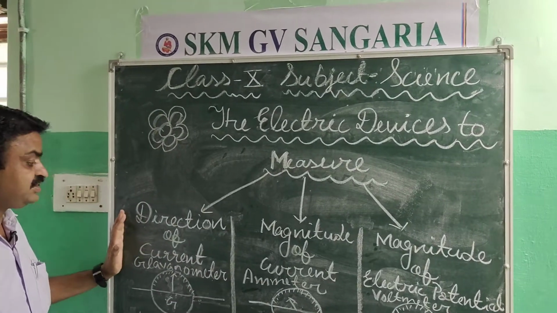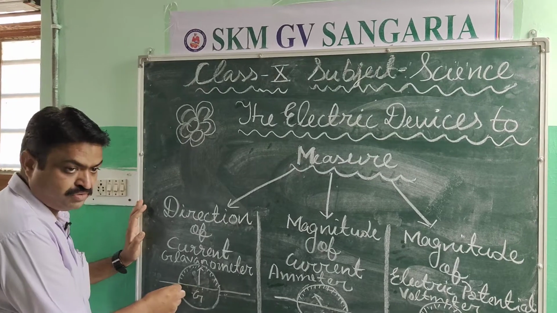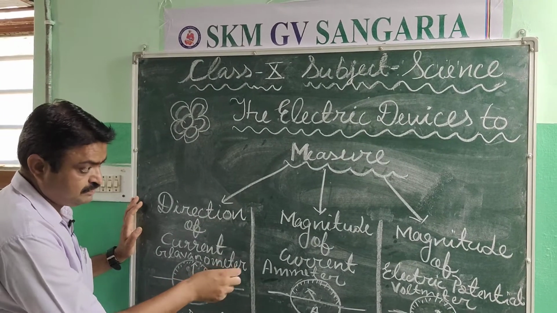Now, for the units: for the galvanometer only the direction is given, so it is east or west.